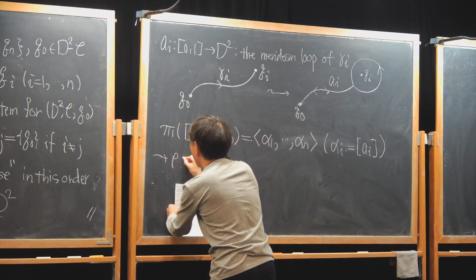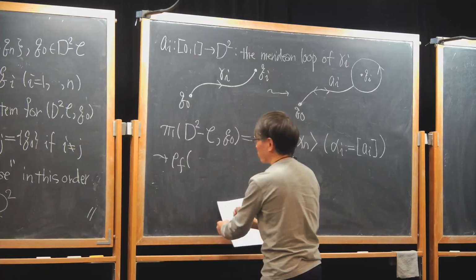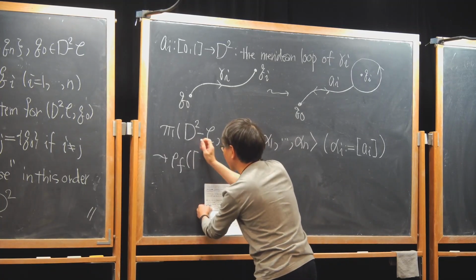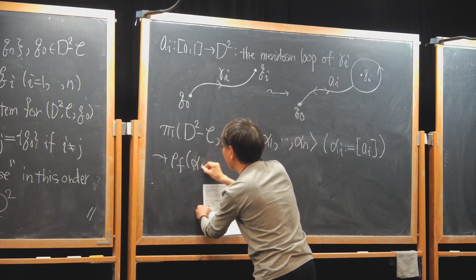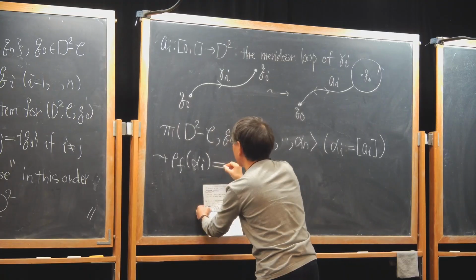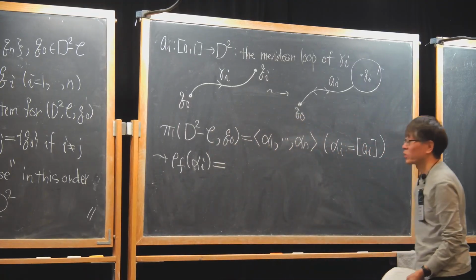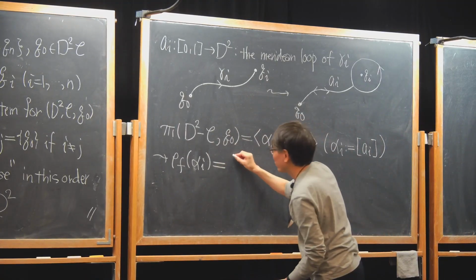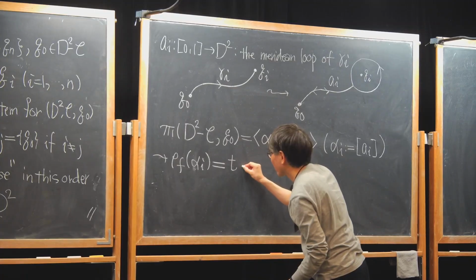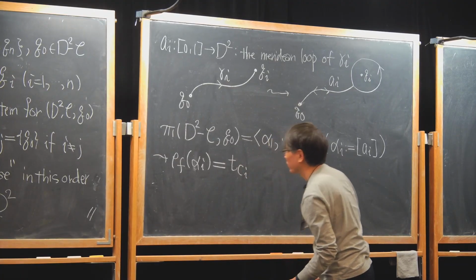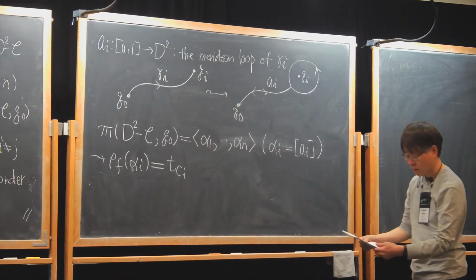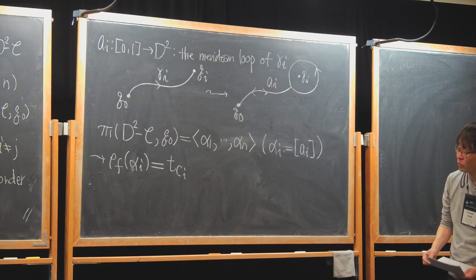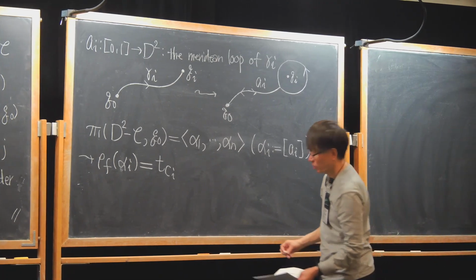And rho_F of alpha i is equal to the right-handed Dehn twist along some simple closed curve, as we observed yesterday.